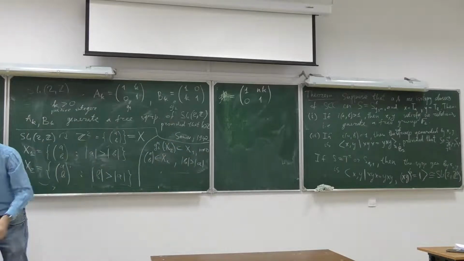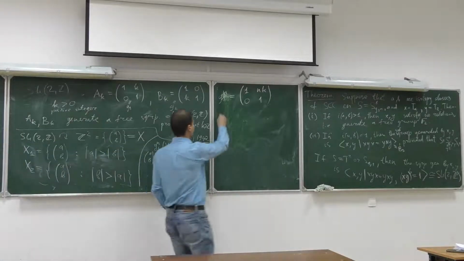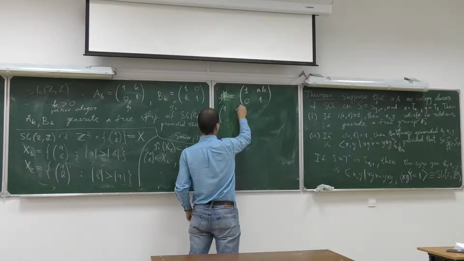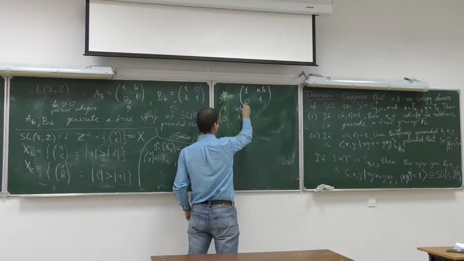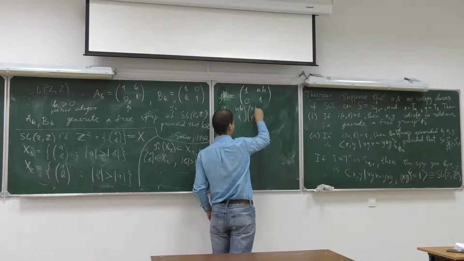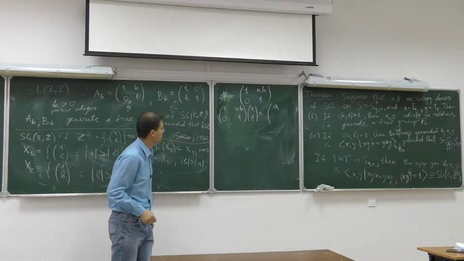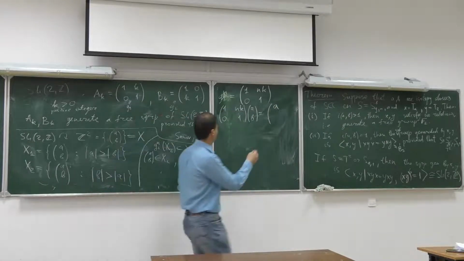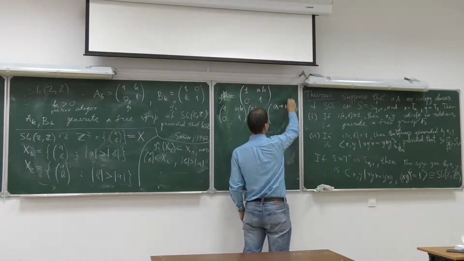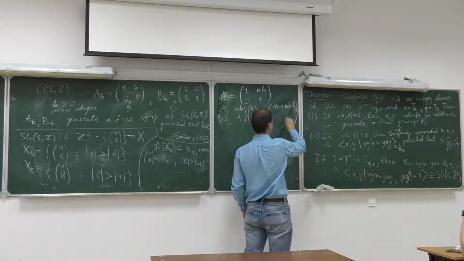Now we would like to apply it to our vector. So we get A here and A plus nkB and B here.